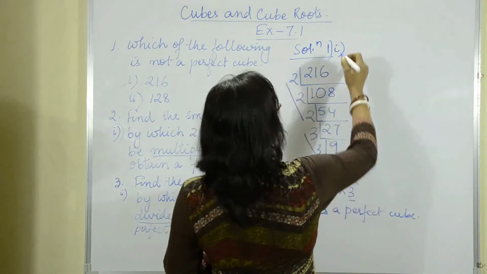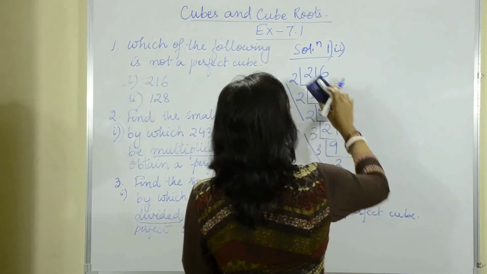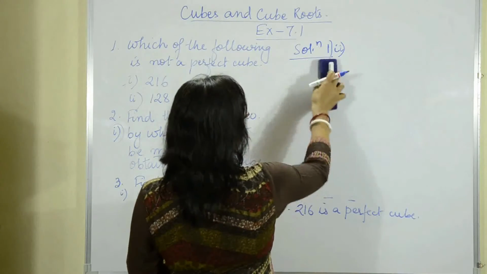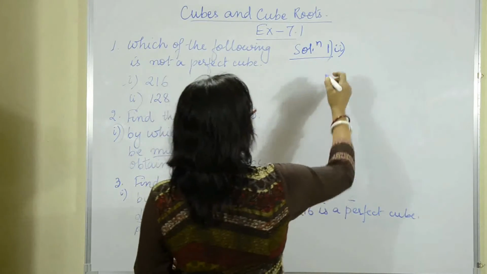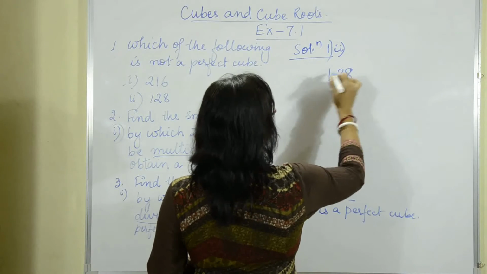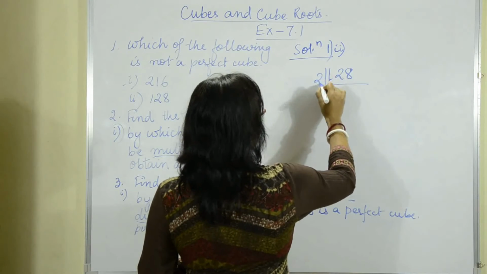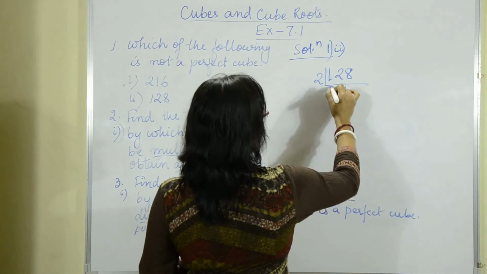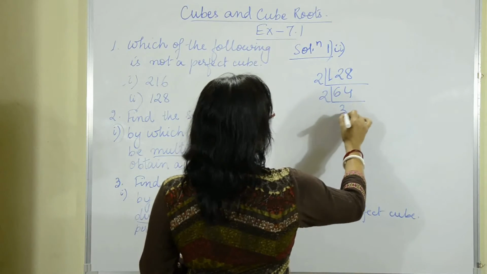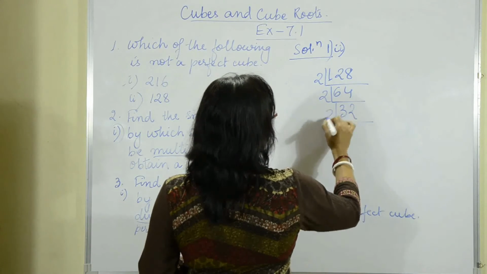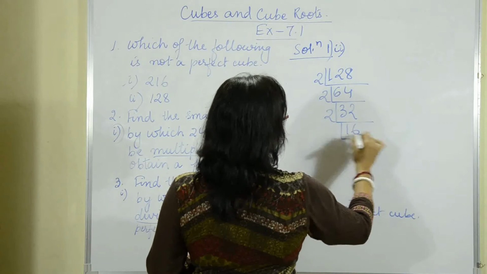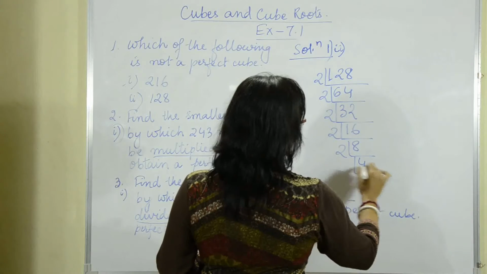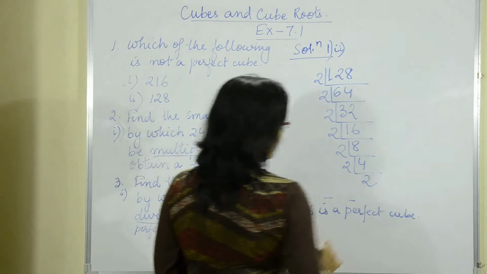Number 2, 128. So I come to question number 2, 128. Now let us see. For 128, what is it? It's an even number. So I have 64, 32, 16, 8, 4, and then I have another 2.